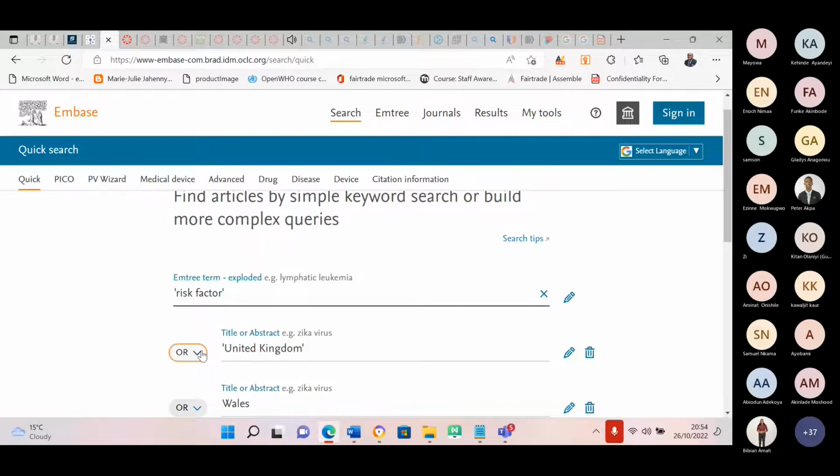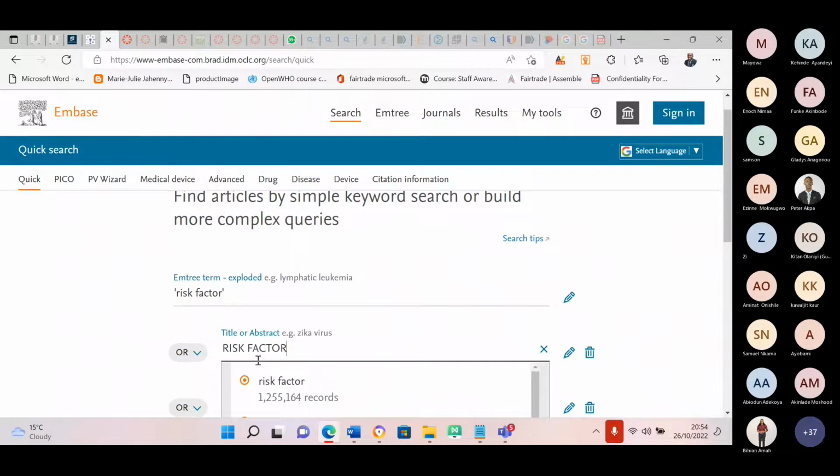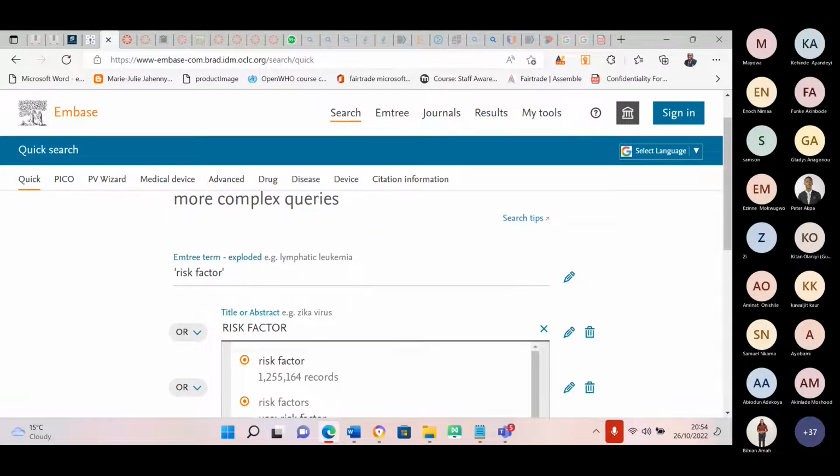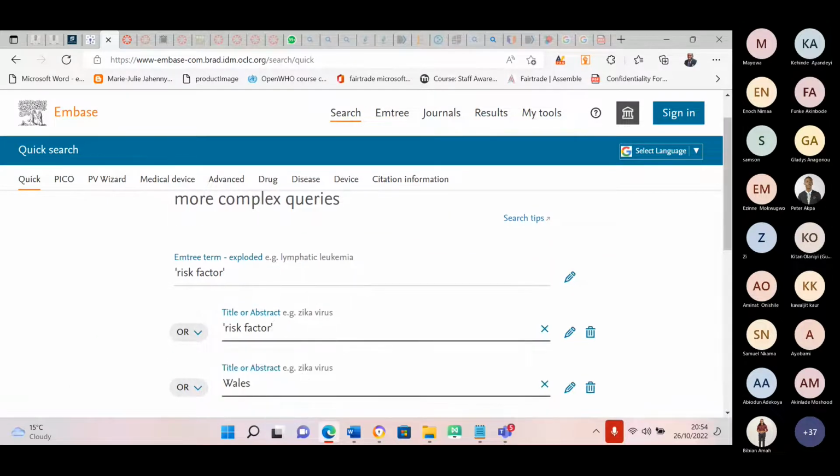Then I'll go to the title now. Let me delete this one. So remember in my slide, I showed you some important words. I have this factor here. You click on it.